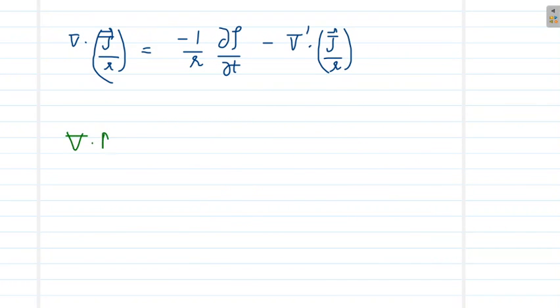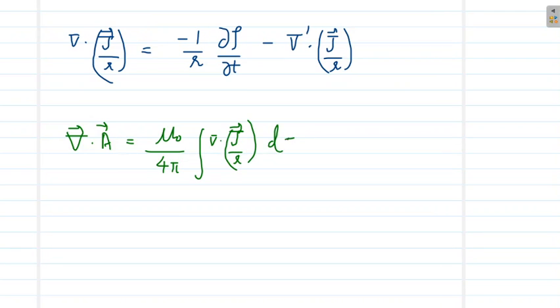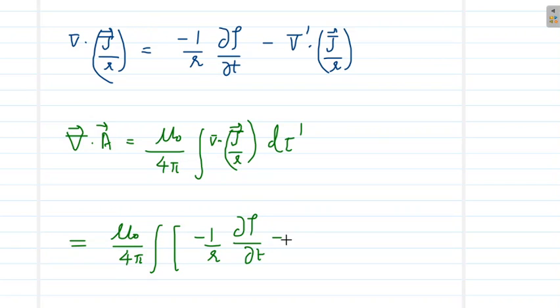Del dot of A is equal to mu 0 by 4 pi into integral del dot of j by r d tau dash, and this is now equal to mu 0 by 4 pi integral minus 1 by r into dou rho by dou t minus del dash dot of j bar by r d tau dash.